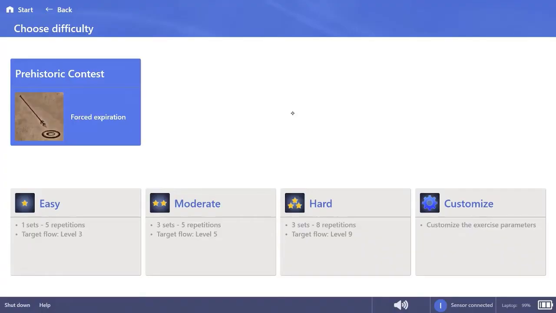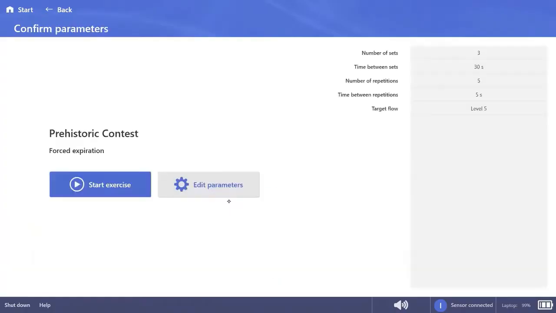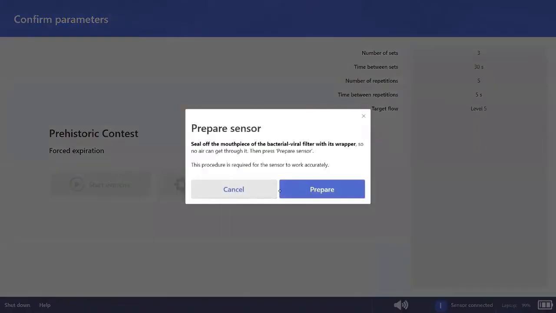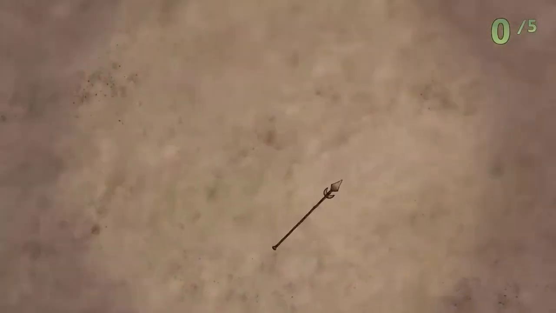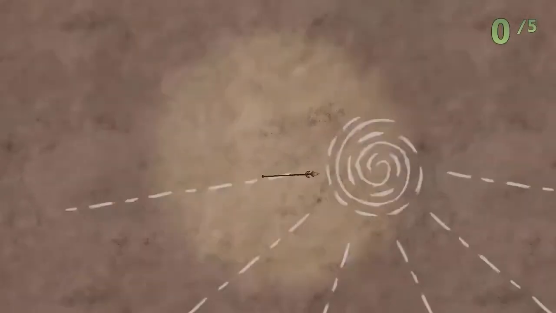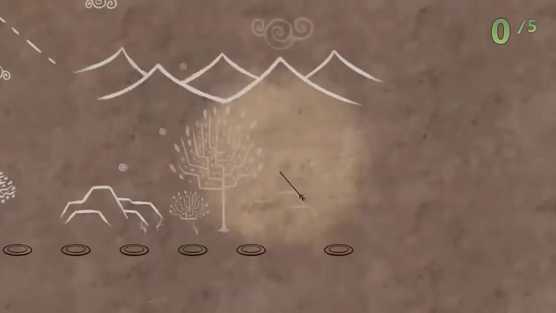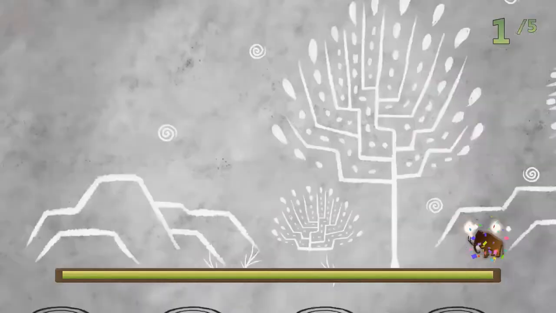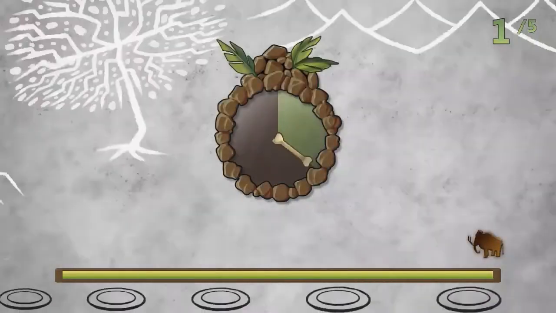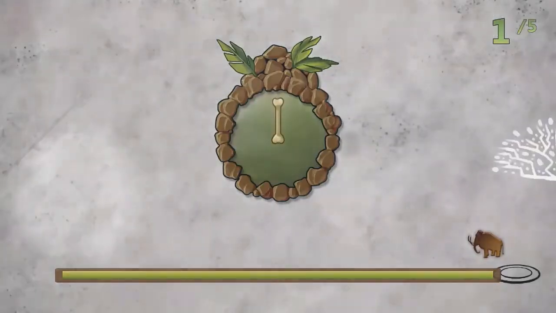This exercise is essentially an FEV1, or forced expiratory volume over 1 second. We'll go to our moderate level this time. Okay, so an example of getting to the farthest target and getting the woolly mammoth.